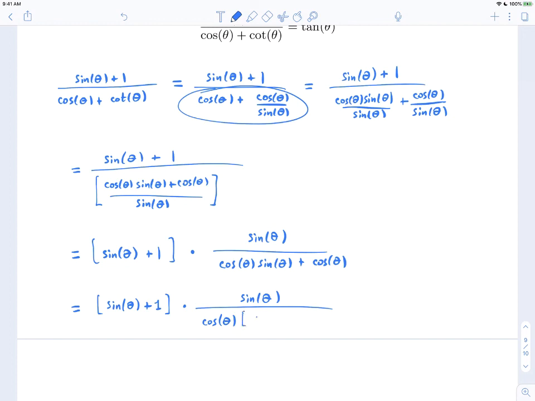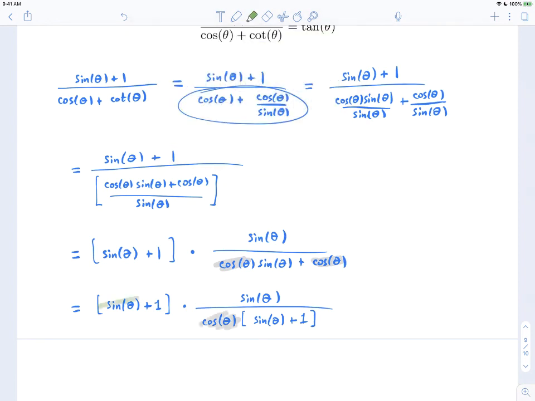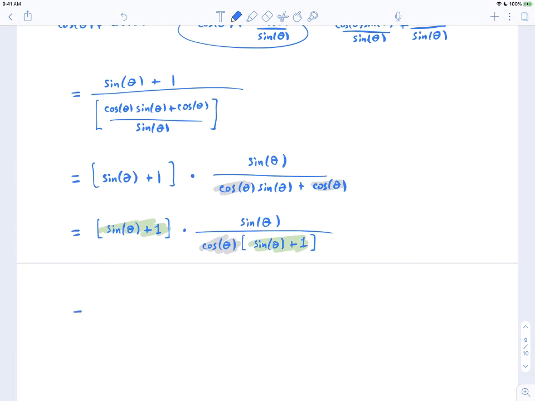That's going to leave us with a sine of theta plus 1. So what we did is we just took that cosine of theta and factored it out. But now we notice there's a sine of theta plus 1 here and a sine of theta plus 1 there. So those cancel, and we're left with sine of theta divided by cosine of theta, which of course is tangent theta.